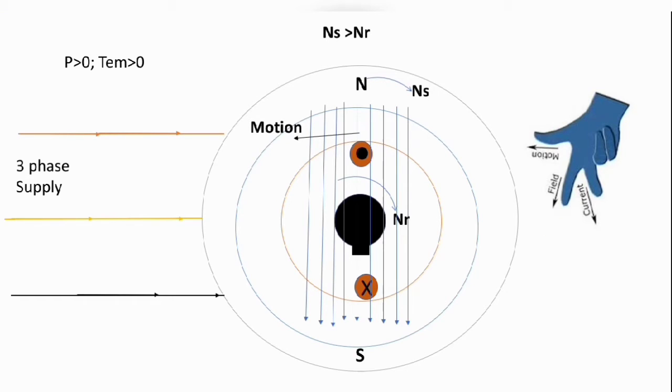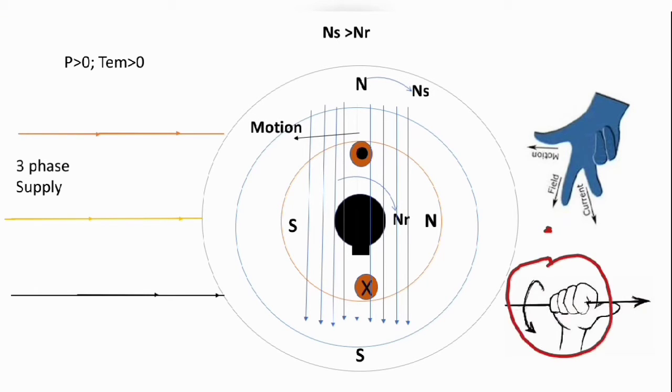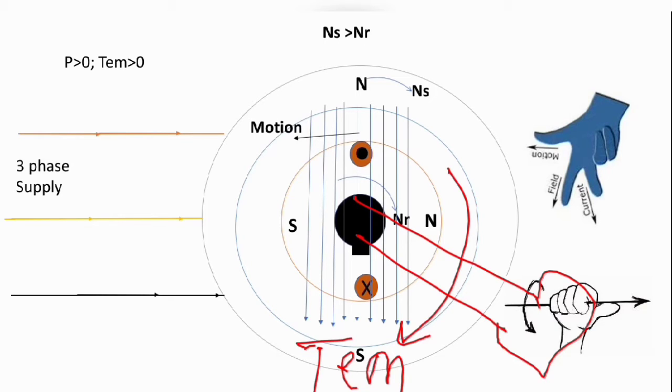What happens next? By using the screw law, when the current is coming from this side and going towards this side, a magnetic field, or pole, is generated at the rotor: a north pole here and a south pole here. Now you see the torque.